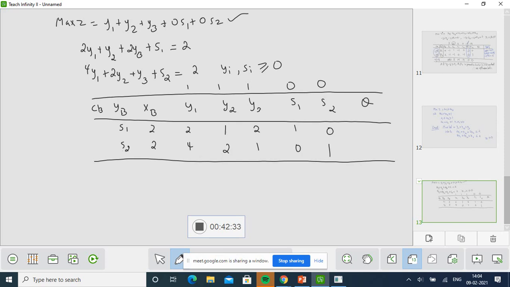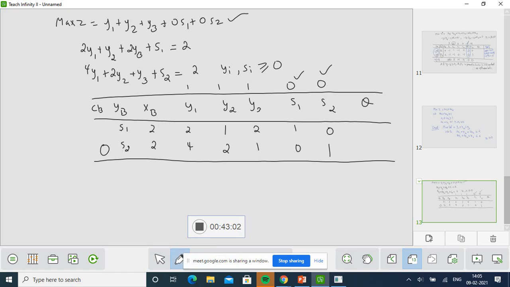The variable corresponding to 1, 0 should come here. That is S1. The variable corresponding to 0, 1 in the second place, that is S2. What is the cost? For S1 and S2, the value is 0 from the objective function. Therefore, it is 0. So here in both the places, it is 0.